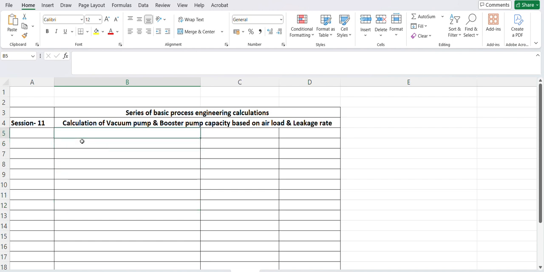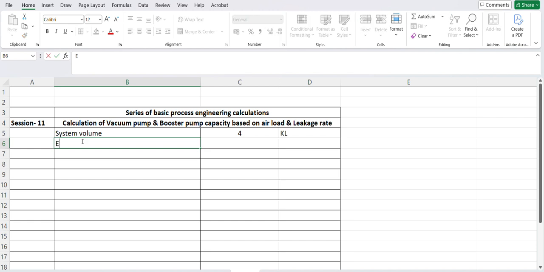For any vacuum pump sizing we need some data, like the system volume: equipment, piping, heat exchanger, whatever assembly is connected to the vacuum pump.